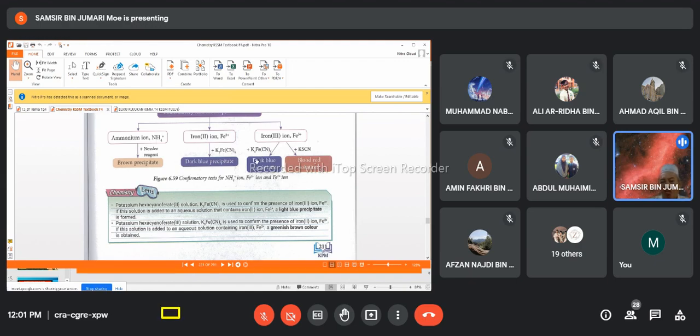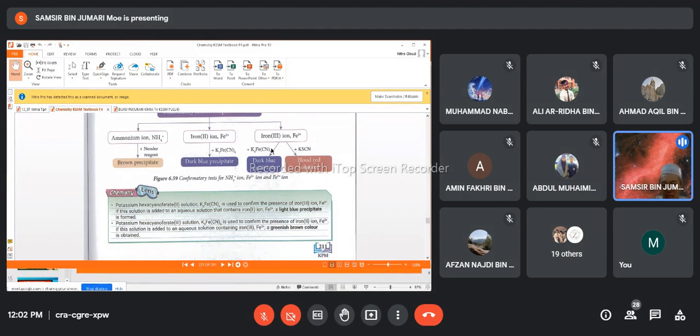Kalau kita nak gunakan potassium hexacyanoferrate 2, okay, dark blue precipitate. Kalau kita gunakan kat sini iron 2 ion hexacyanoferrate 3, also will form a dark blue precipitate. Okay. Kalau kita gunakan dekat sini hexacyanoferrate 2, sini dark blue precipitate.